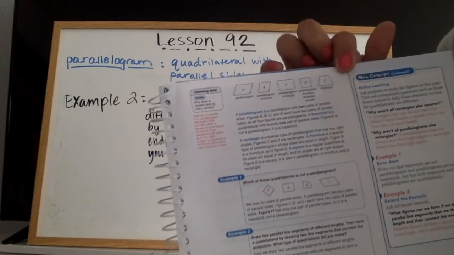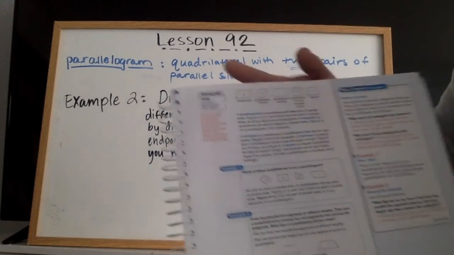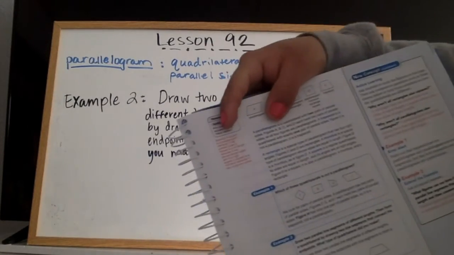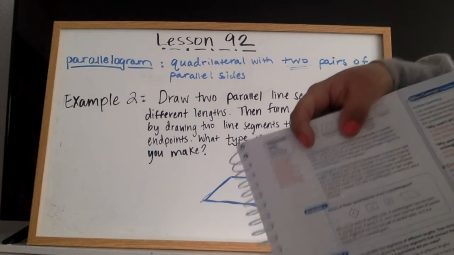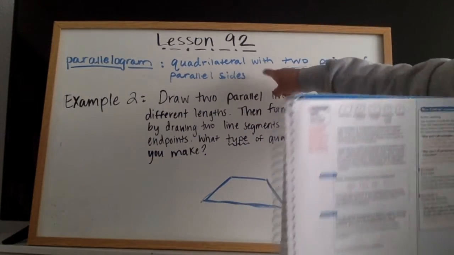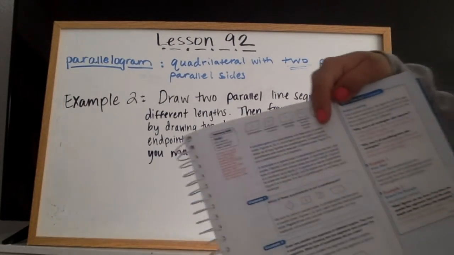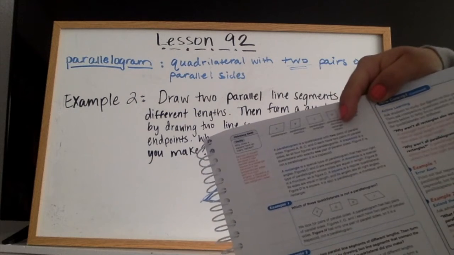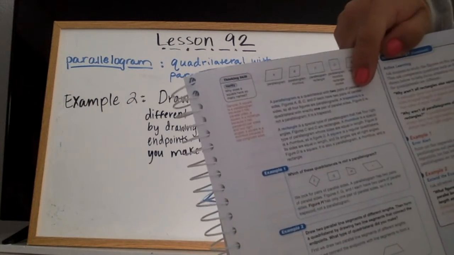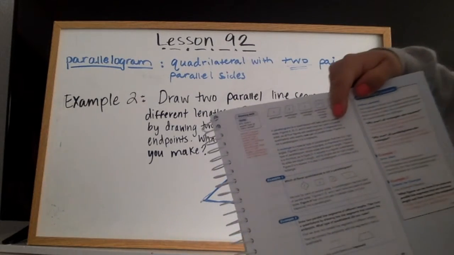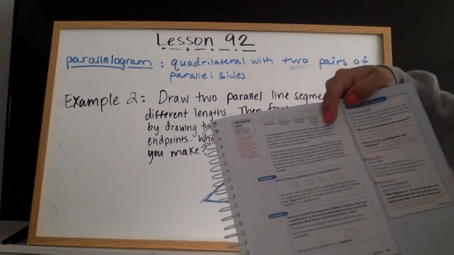So at the top of that page, it explains the different types of quadrilaterals there are. So at the beginning it says a parallelogram is a quadrilateral with two pairs of parallel sides. That's what I have written up here in blue. But then if you keep reading, it goes into detail of the different types you can have. So a trapezoid, that's the next definition. It's a quadrilateral with exactly one pair of parallel sides.